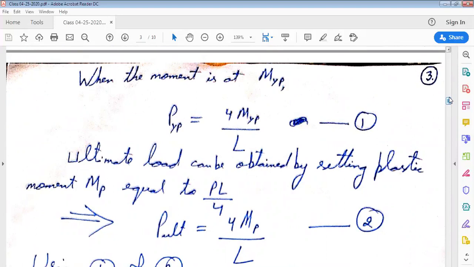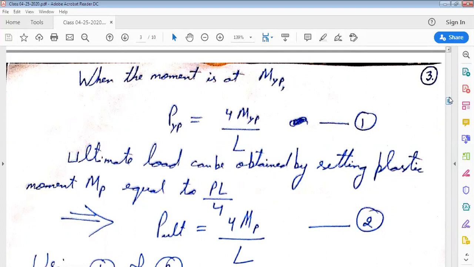And from there we can obtain the yield point load PYP equal to 4 MYP by L. This we have obtained simply by equating the moment at the middle of the beam to the yield point moment.